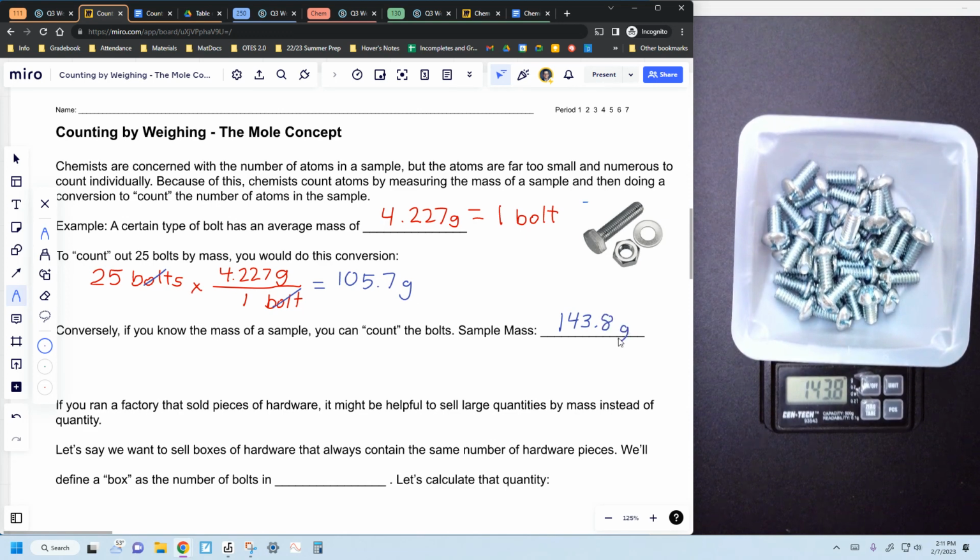And I want to count it, but I don't really want to count it, right? So I'm going to do a conversion again. I'm going to take my mass and set up a conversion factor. I want to cancel grams. And this time I want to end up in bolts.